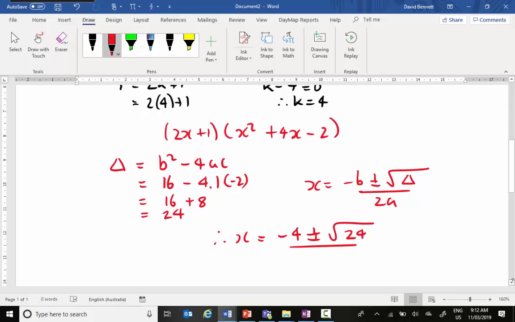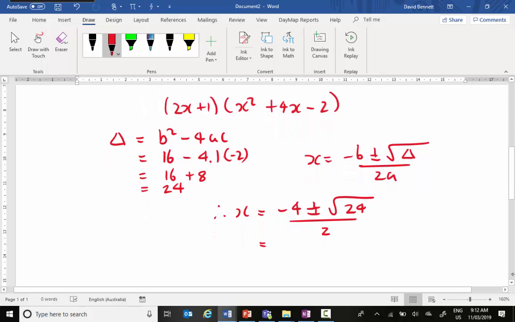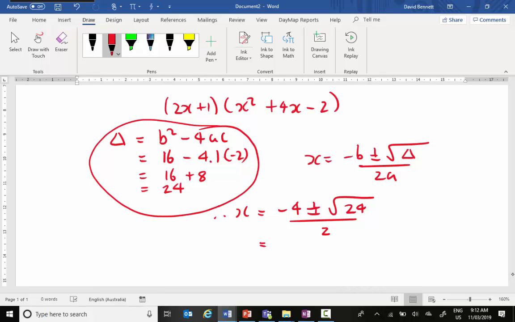Now a is in fact 1, so that's going to be 2. See how that bit there, even though it just takes a bit longer, I know I'm going to get a solution, but it makes the next bit really easy. So it's a good habit to get into to do the discriminant first.